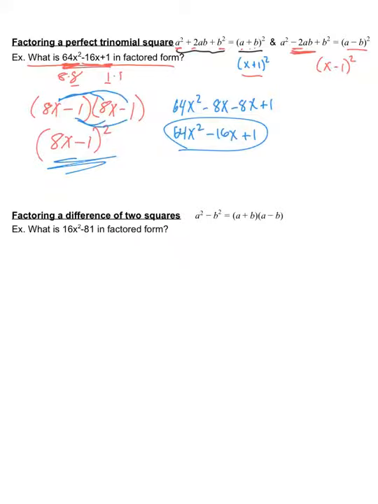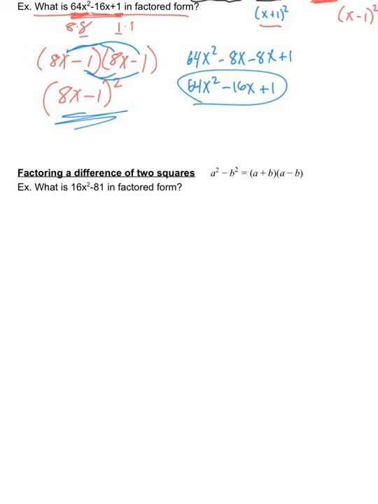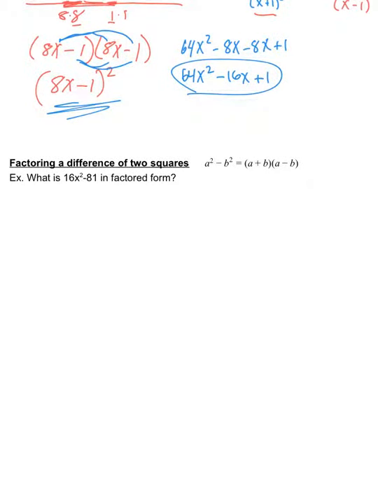So looking at this next example, special cases, factoring the difference of squares. This one is hugely useful for us, and it makes things so quick and easy. When we look at our problem, it says, what is the factored form of 16x squared minus 81?